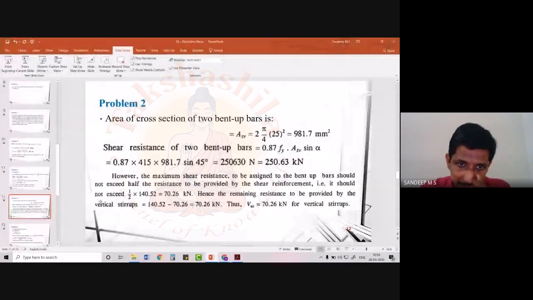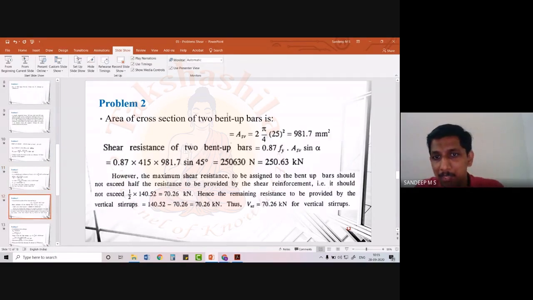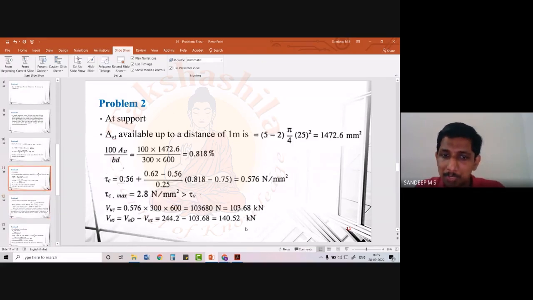So basically the idea is like this. In this particular case, we need to resist a total shear force of 140.52 kilonewtons. What they suggest is that we can utilize the effect of bent up bars, but this should be utilized only to a maximum of half of the total load that should be resisted. Again, I am repeating, the contribution of bent up bars can be utilized only to take up half the amount of total load that is to be resisted by shear reinforcement.